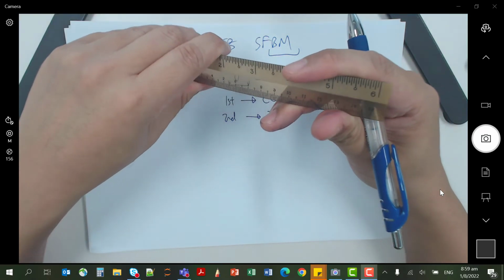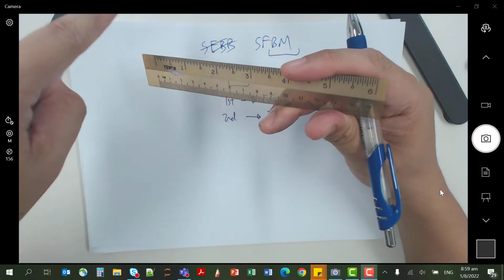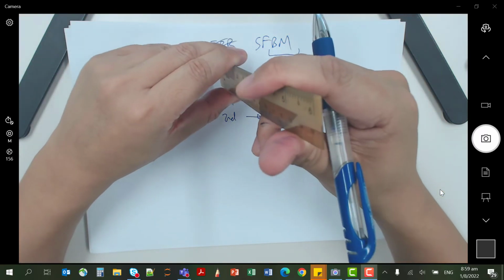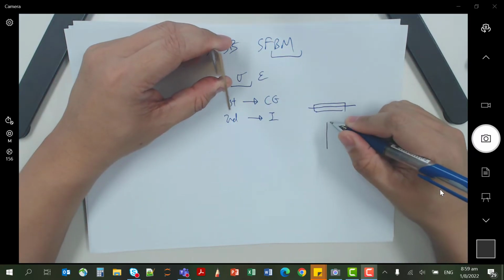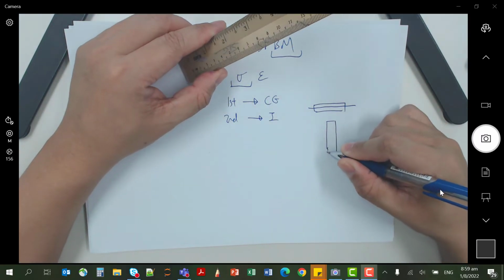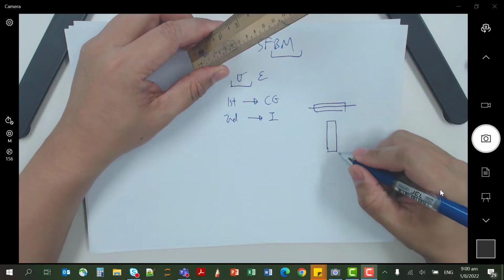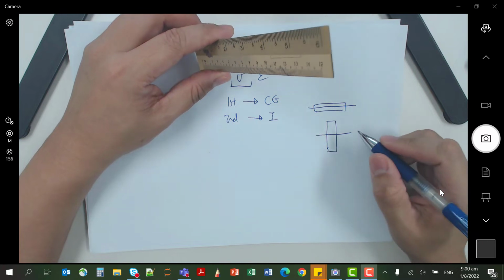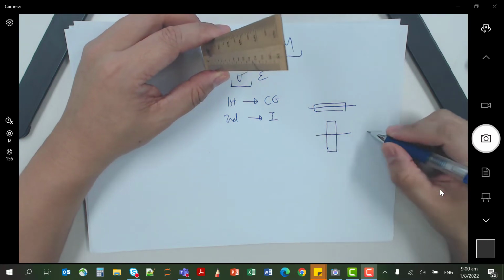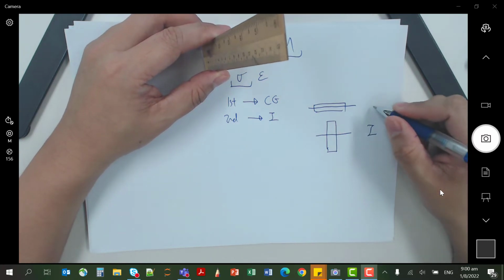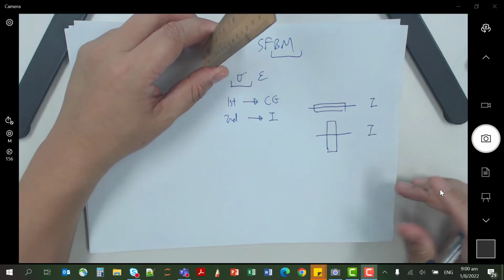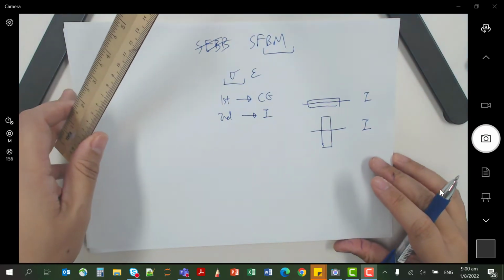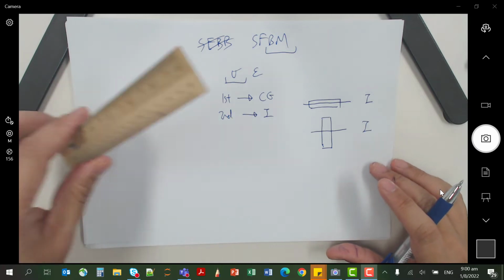I'm expecting this ruler to bend this way, which you realize is very hard, precisely because the I has changed now. The orientation of the ruler has become vertical, and you are still asking the ruler to bend about this axis. So the I for this case will be higher than the I for the other case. We will see that in action in this topic.